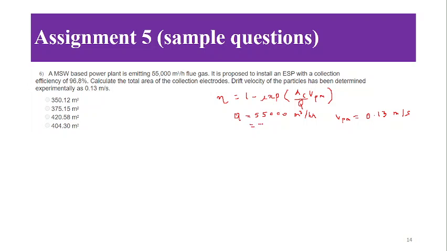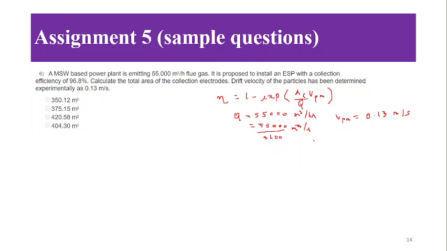So what we do is we divide by 3600 seconds because 1 hour contains 3600 seconds. So it will be meter cube per second. And we are given the efficiency as well. We need to find out the collection area.